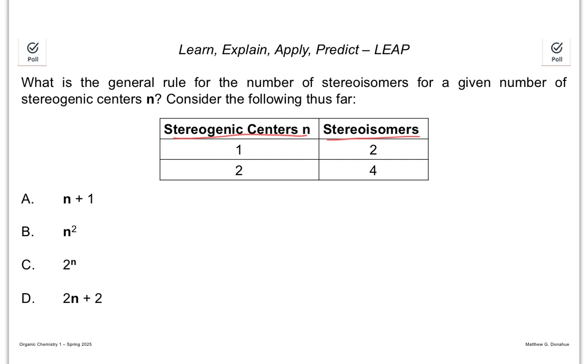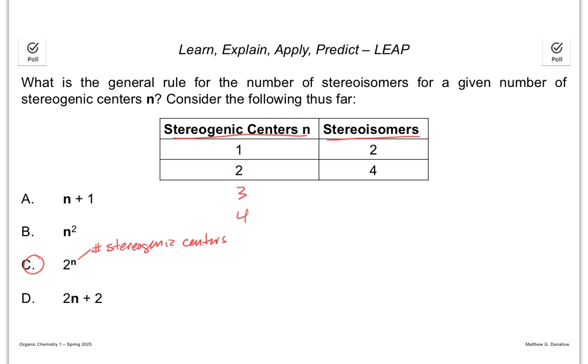Which one of these short equations? It's 2 to the N. So again, N is your number of stereogenic centers. So we can continue this on, 3.